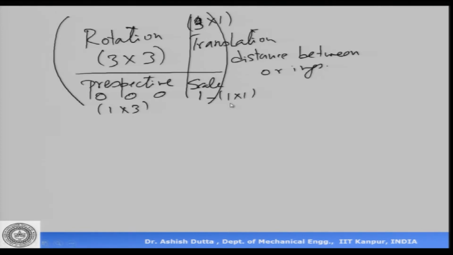These are 4 matrices and they have names: rotation, translation, perspective and scale. We should understand clearly what this means: the rotation gives the angle between the 2 frames, the translation is the distance between the origins, perspective is always 0 0 0 and scale is always 1.